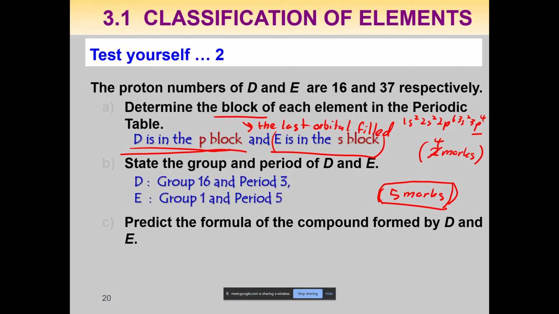And predict the formula of the compound formed by D and E. Okay, D and E sama macam tadi. You guys buat dia punya valence electron. You guys tengok yang mana lagi senang, nak buang ke ataupun nak ambil. Okay. So kalau you guys tengok D, so untuk D is 3S2 and 3P4.